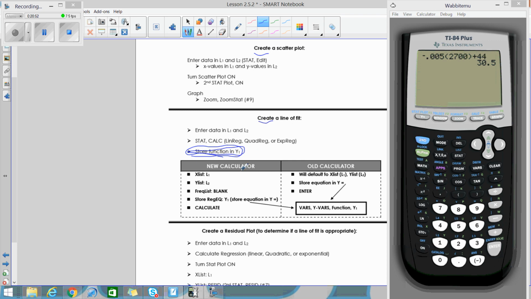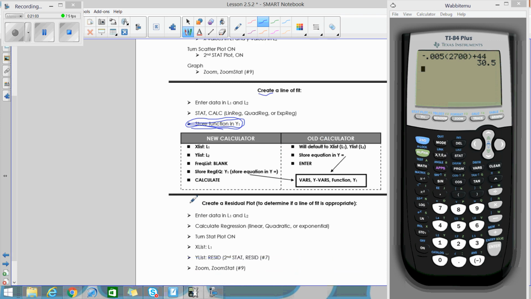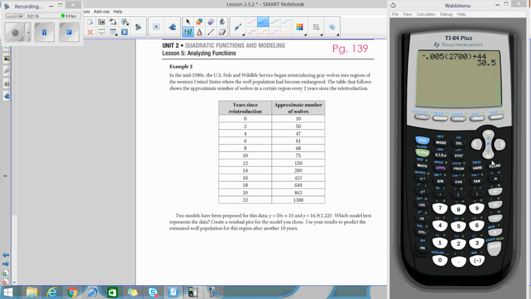Now notice there's new calculator and old calculator stuff, so you have to know whether you are a new calculator person or an old calculator person. They will do the same thing, but they have different little keystrokes here. And then lastly, how do you create your residual plot? I've kind of done that without really looking at this. You want to make sure that you are going through these steps, and that's how you practice this stuff.